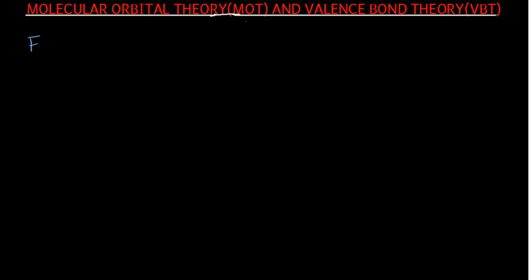Fluorine, neon, these are molecules, sorry, not gases. Fluorine molecule, neon molecule, and oxygen molecule, they've got the same molecular orbital. Everything that you are not seeing here, they've got another one, such as chlorine 2, nitrogen 2.